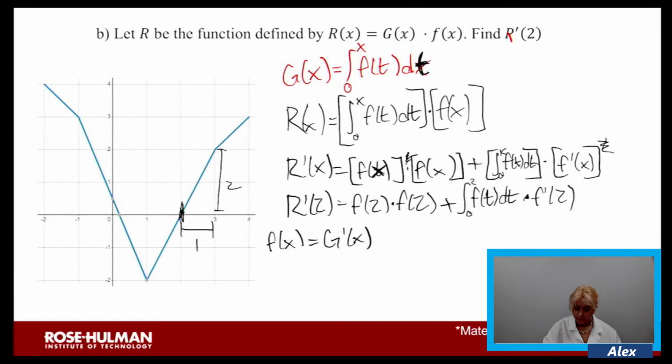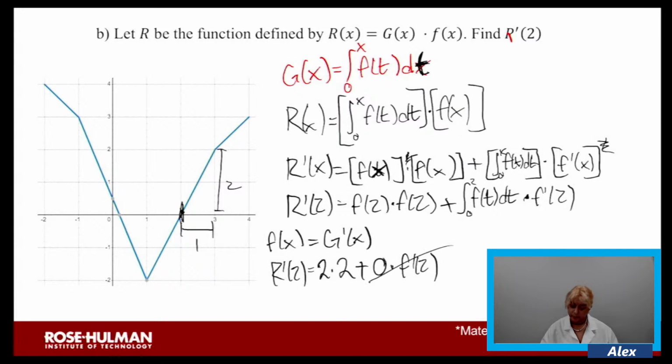So the slope here is 2. So r prime of 2 is 2 times 2 plus 0 times f prime of 2. And the beauty of this is that because you're multiplying by 0, you don't even have to find what f prime of 2 is, so you know that this is just equal to 4.